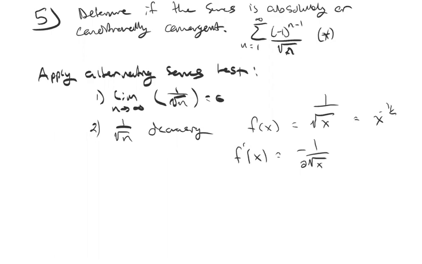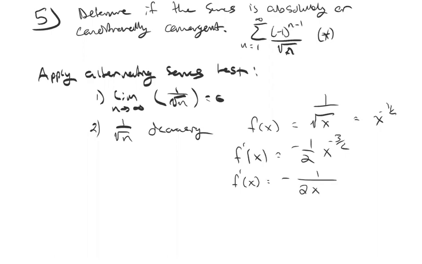Is that right? No, sorry. Minus 1 over 2 x to the, and then we subtract 1, and that should be minus 3/2, excuse me. f prime of x is minus 1 over 2 x to the 3/2.